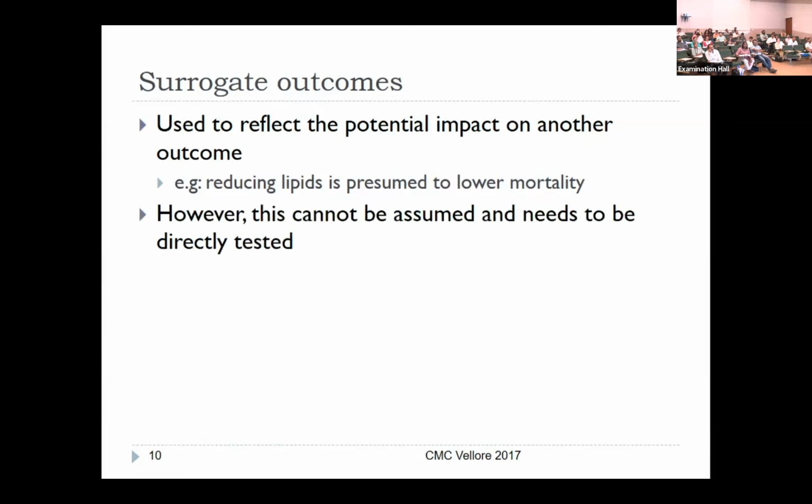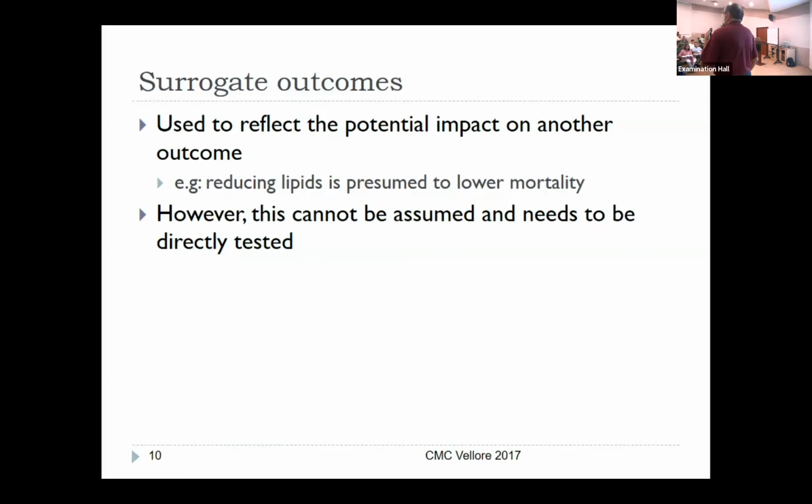However, this is a dangerous thing because that presumption may not be true. Yes, LDL cholesterol is highly correlated with and is a risk factor for heart attacks. And so, yes, there is a strong association, but it's an association.